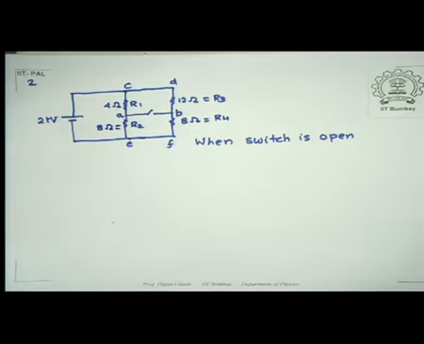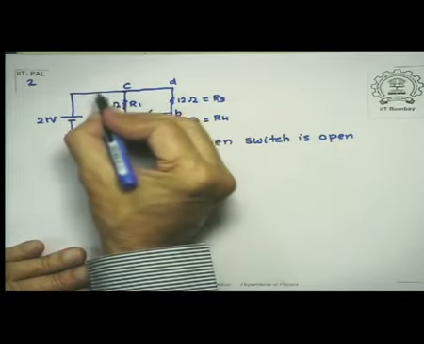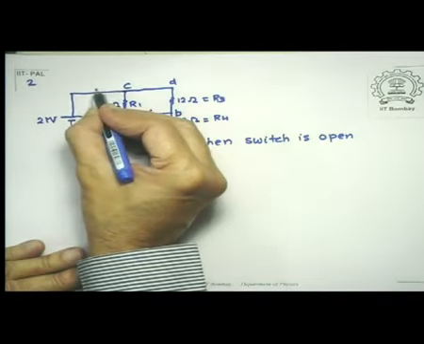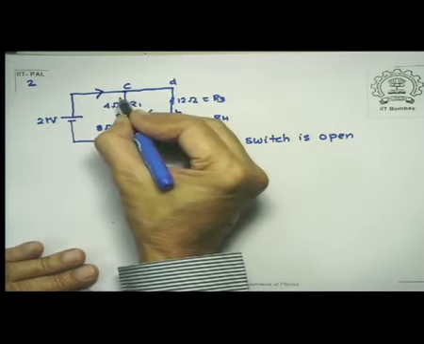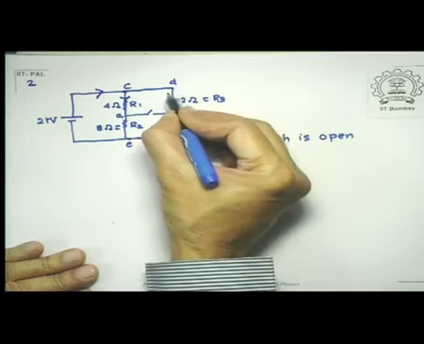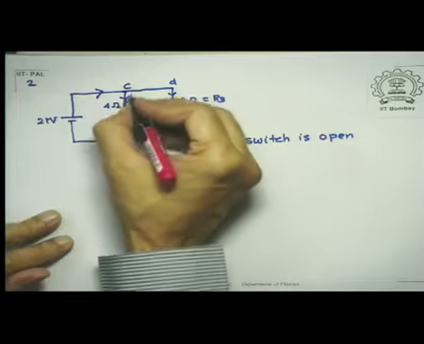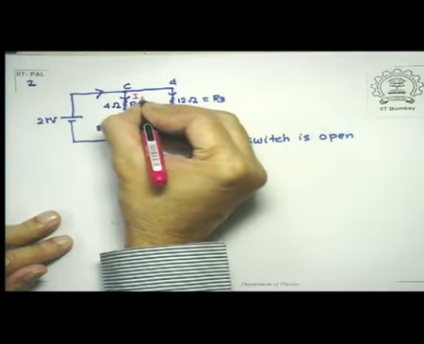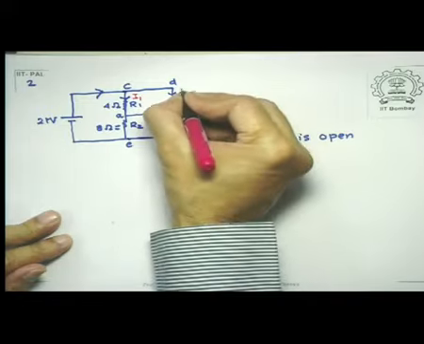Let's look at what happened there. If you look at it, the current comes out from this positive terminal, and part of it goes here, part of it goes there. So let us call this, it's getting cluttered up, so let me use a slightly different ink. Let's call this I1, and since this is passing through R3, let's call this I3.